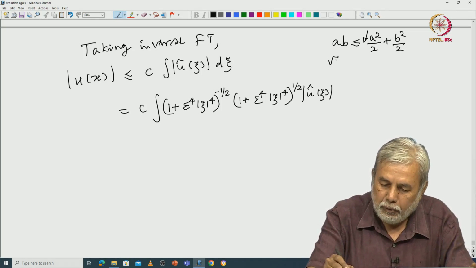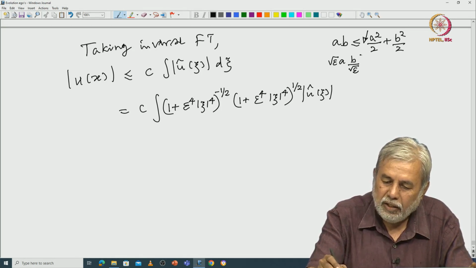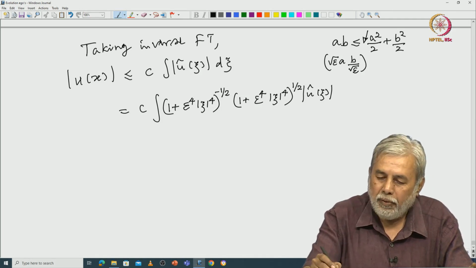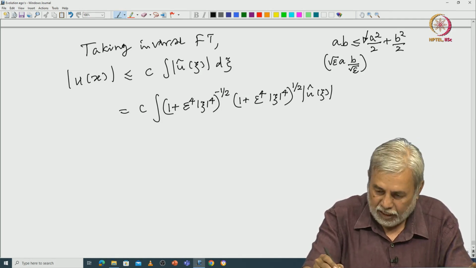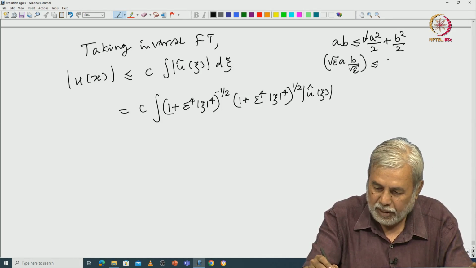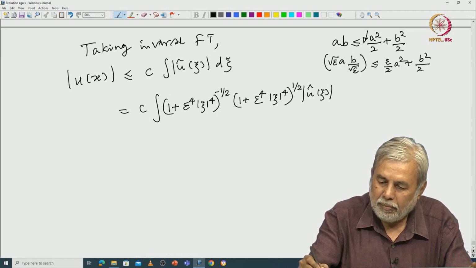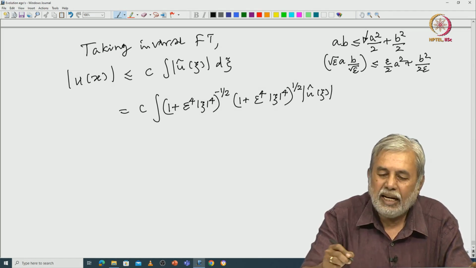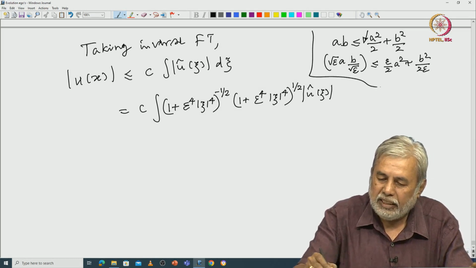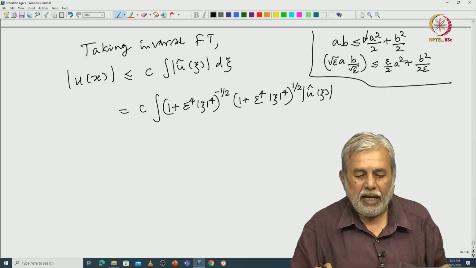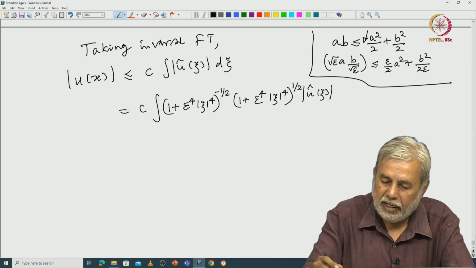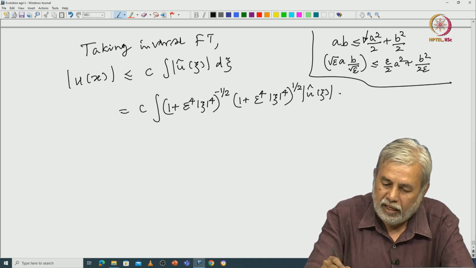I do this trick: this B by root epsilon, which is the same as AB. And now, if I apply Cauchy-Schwarz, I get that epsilon. Of course, you get something here, but my main concern is to get an epsilon there. So, this is a similar manipulation.